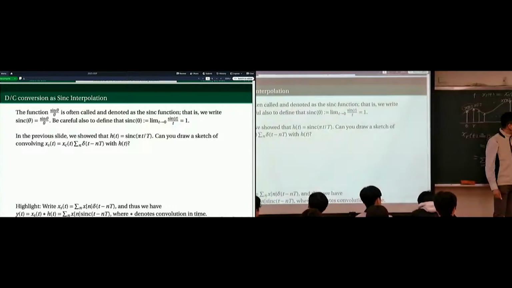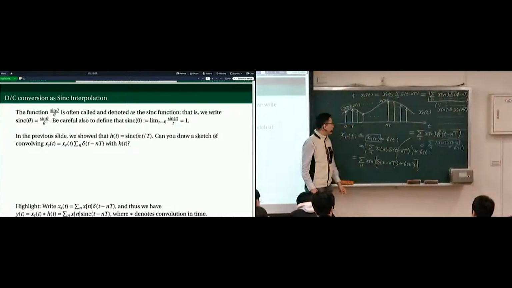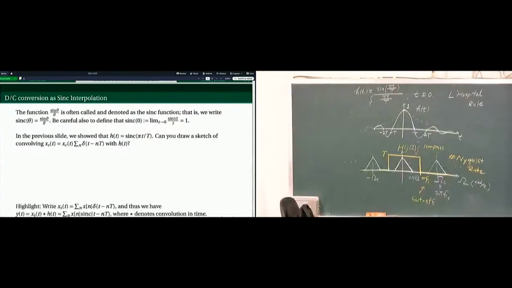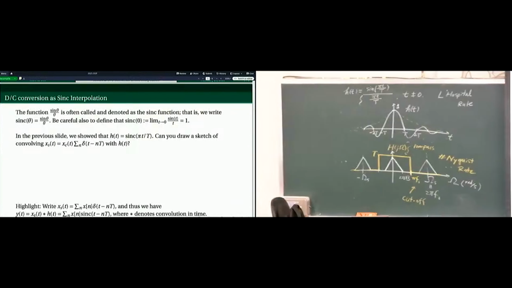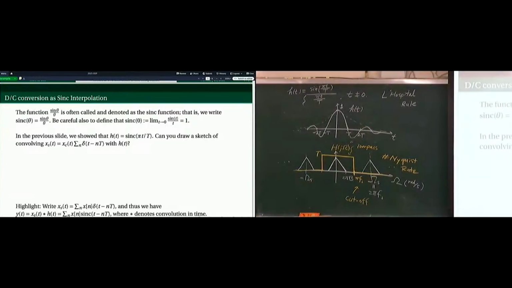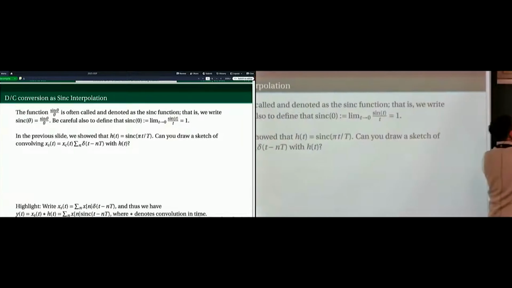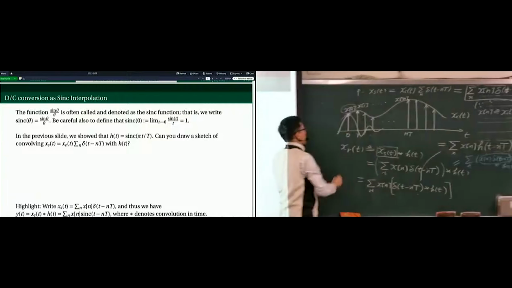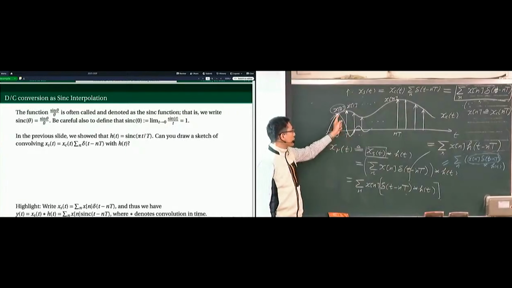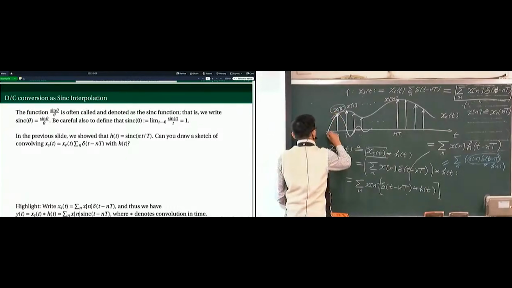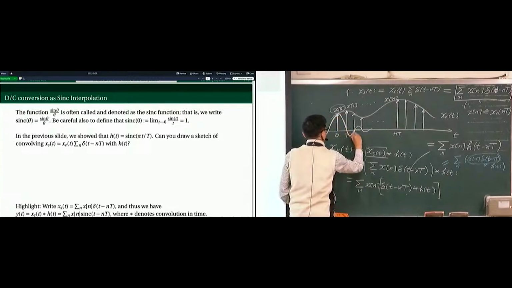So we are going to put a copy of h of t right here, which looks like a sinc function, and crosses 0 exactly at 1T, then goes back and crosses 0 again at 2T, and so on, getting smaller. This is h of t, but with the height multiplied by x bracket 0. So the first thing here is one term.